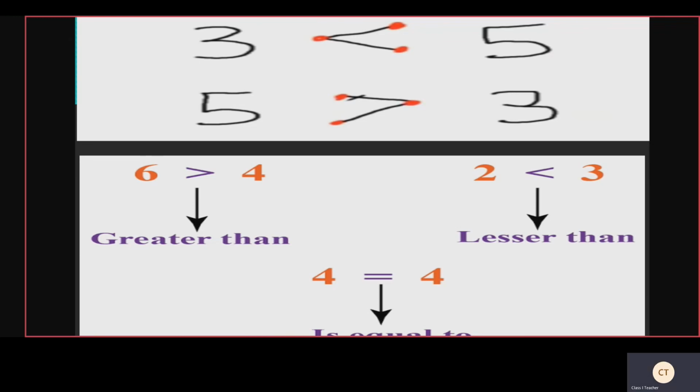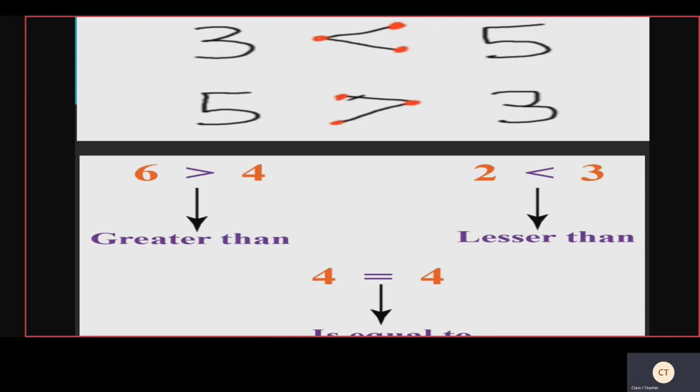For that, first I would place a dot, and then after that 2 dots. Look at this device. 1 dot is less than 2 dots. Yes or no, children? 1 dot is less than 2 dots. So 3 is less than 5.